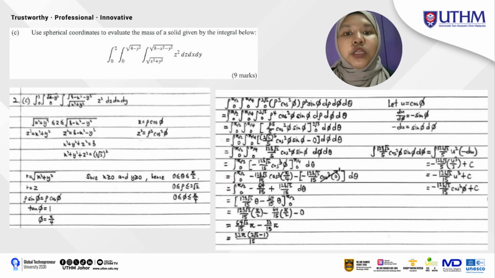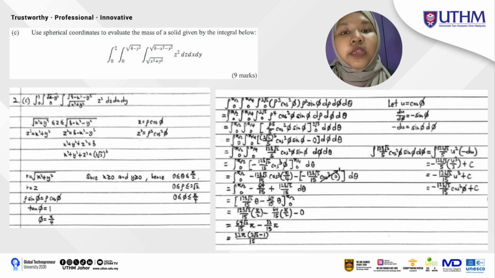So for the question Q2C 2021-2022, for the manual calculation, we need to integrate the question 3 times, which is we need to integrate the z square, dz, dx and dy.